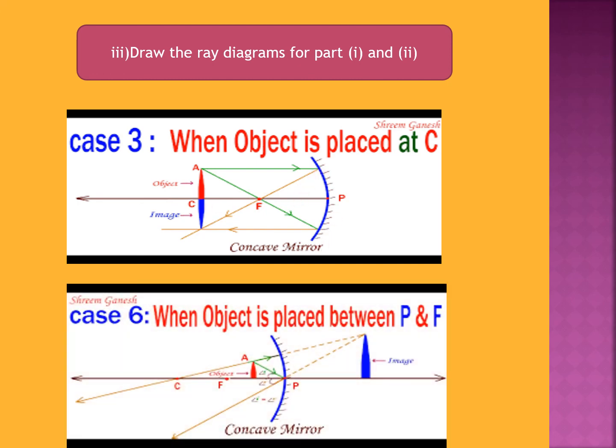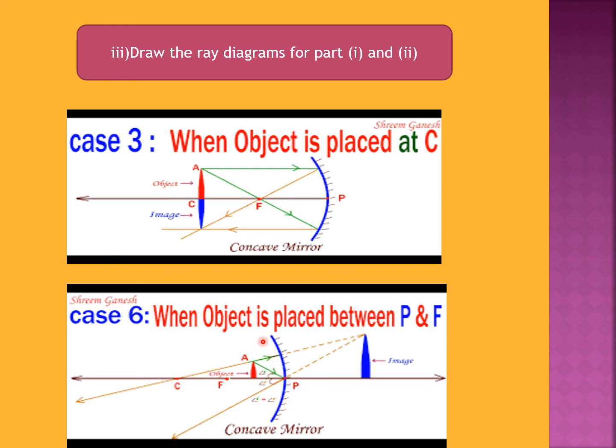Then the second case, the other case, was when you use it as a makeup mirror. So makeup mirror मतलब, that was case 6 that we have learned, when the object is placed between pole and focus. First thing is you are drawing the diagram for a concave mirror here. So make sure that the bulged-in portion, cave वाला portion, is your reflecting one and the other part is your polished surface.